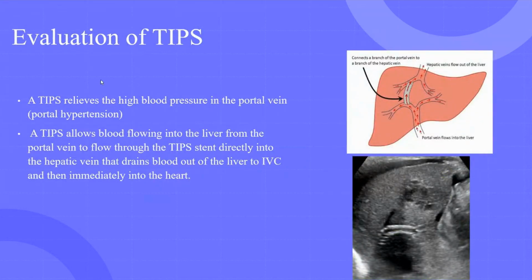Okay, so next one will be the TIPS. The TIPS relieves the high pressure in the portal vein, the portal hypertension. It allows the blood flowing into the liver from the portal vein to flow through the TIPS, then directly into the hepatic vein that drains the blood out of the liver to the IVC, and then immediately into the heart.